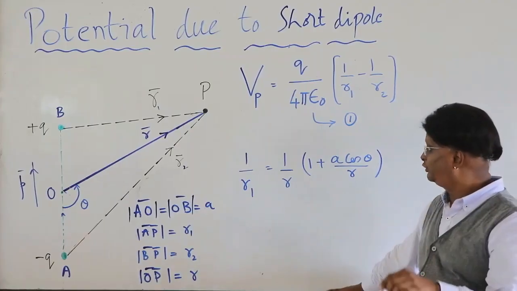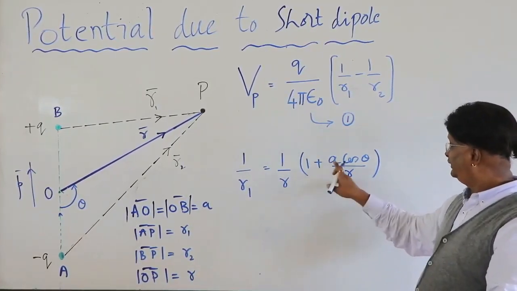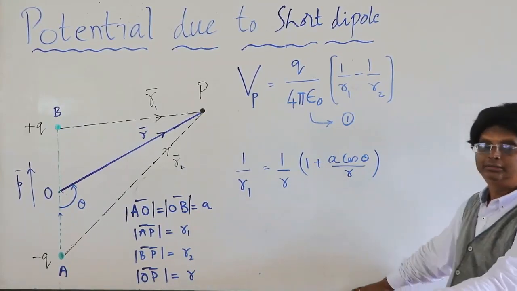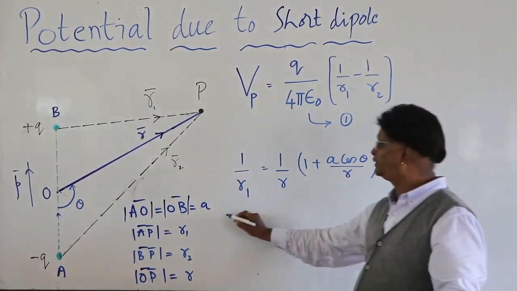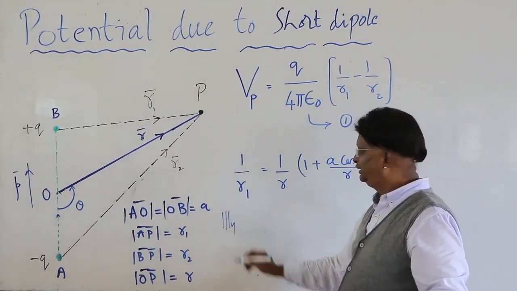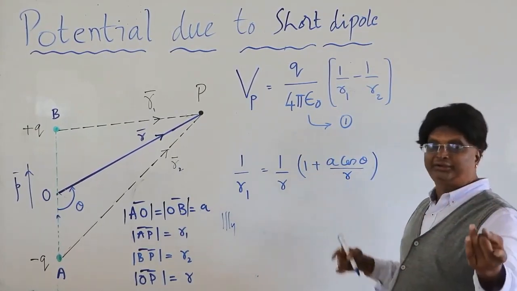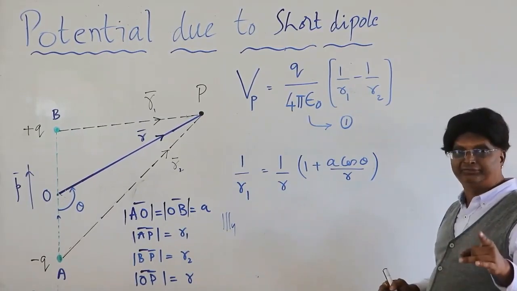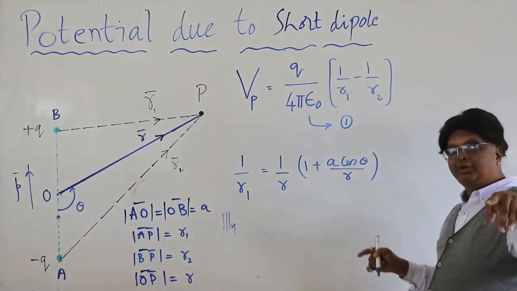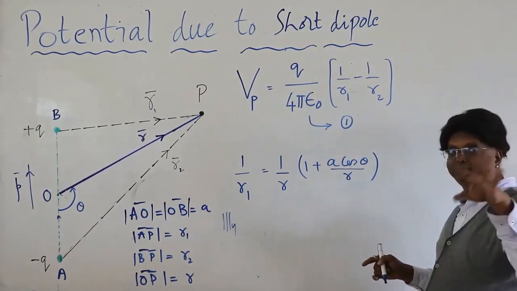This is the result we got, right? 1 by r1 equals 1 upon r times 1 plus a cos theta by r. Similar treatment for r2 square also. Now we will write the result. You remember in the r1 square term you got that negative sign, and in the r2 square term you got a positive term: minus 2a cos theta, plus 2a cos theta.